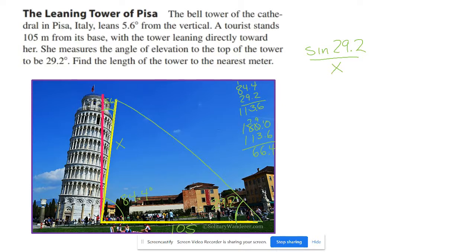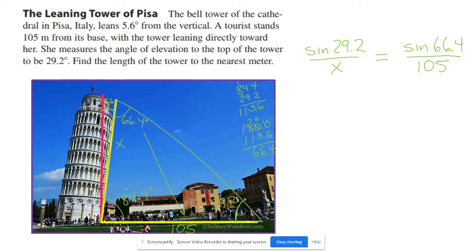The missing angle up here at the top is going to be 66.4 degrees. That's important because 66.4 degrees is opposite the bottom of the triangle, the length from the tourist to the base of the tower, which is 105, a measurement we actually know. We've got to use the stuff we know to figure this out. So sine of 66.4 over 105.